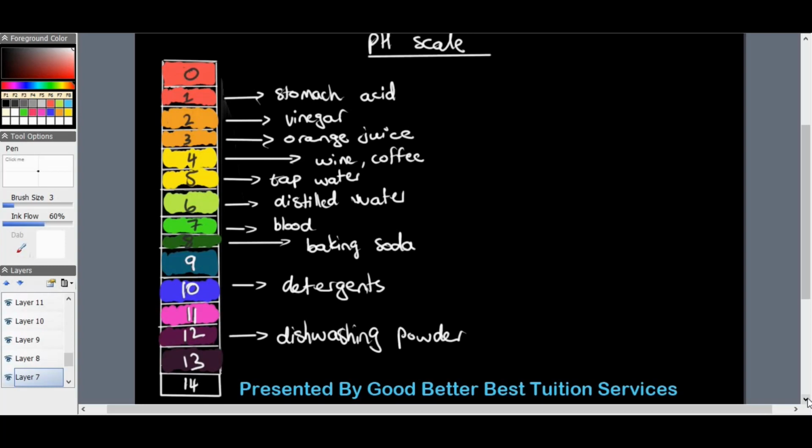So stomach acid, very highly acidic. I think a lemon would probably have around 2 or 3, or maybe between 3 and 4.